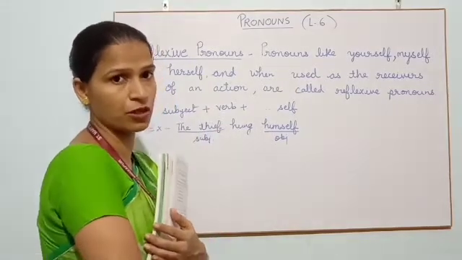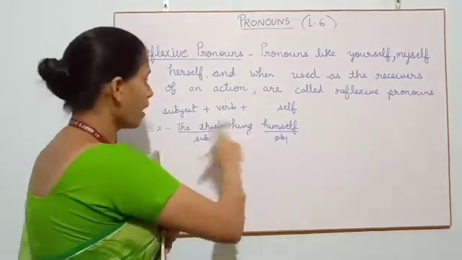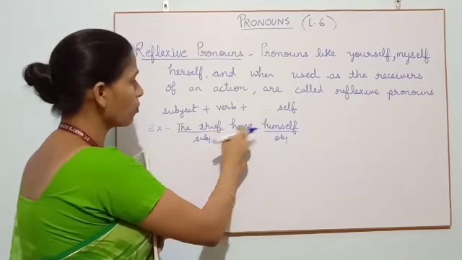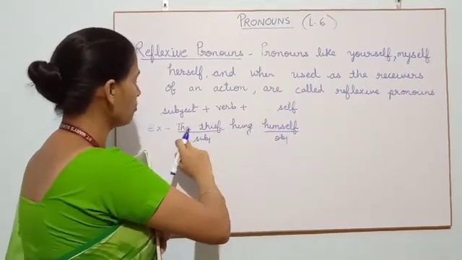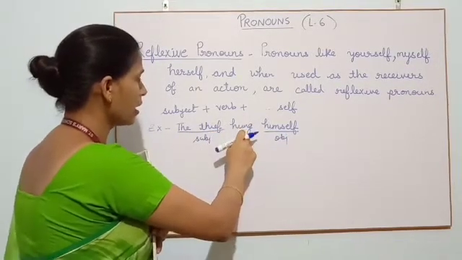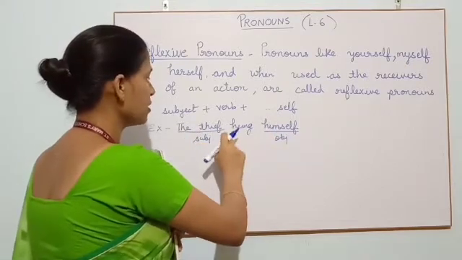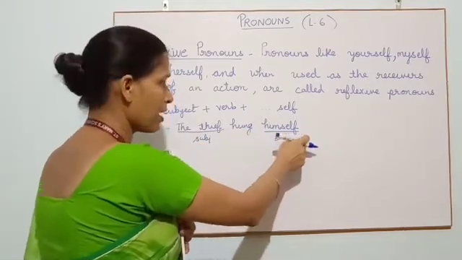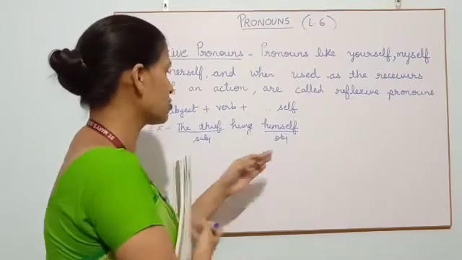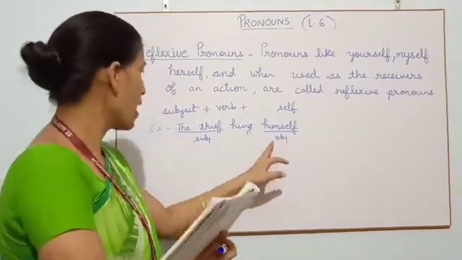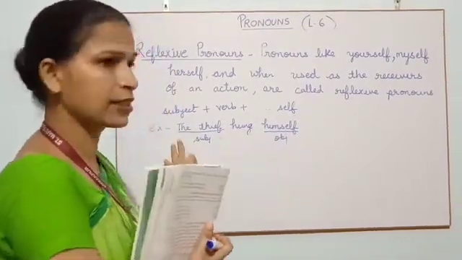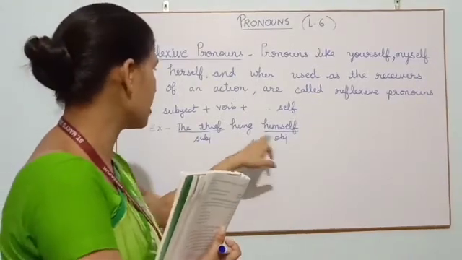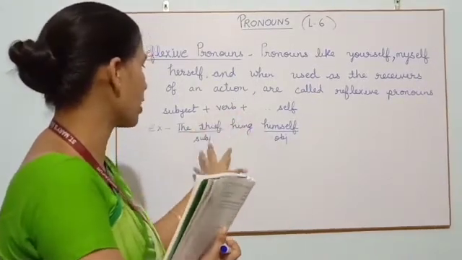I have explained it in your previous videos. When we ask, the thief hung whom, whom did the thief hang, then you will get the answer. The thief hung himself. So himself is your object, and himself is also indicating the thief. It means the thief and himself are the same person we are talking about.